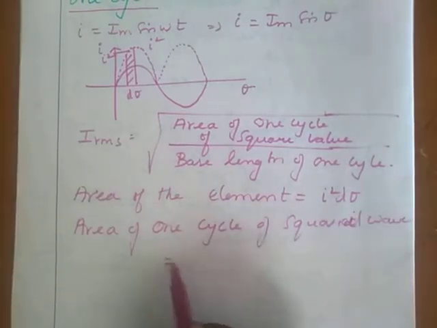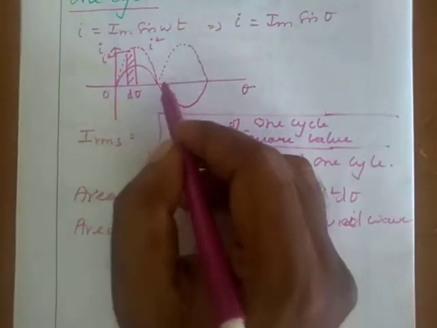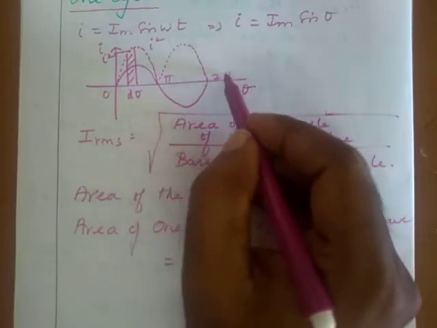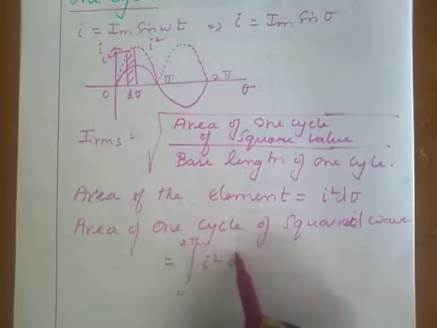is equal to the integration of I square d theta, applying the limit, that is 0 to 2 pi for one complete cycle.